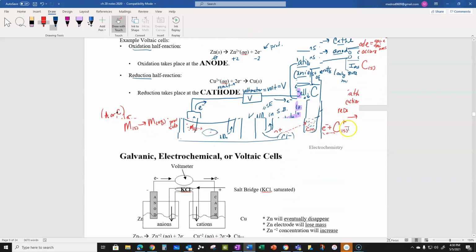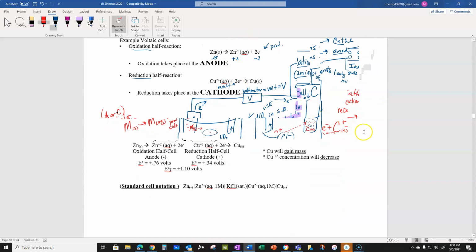So in this picture, if you notice the zinc right here, remember where's oxidation, and that's the zinc. So this is my anode, my piece of zinc metal, and this is my copper piece of metal. And inside here, I have some zinc +2, and I have some copper +2.